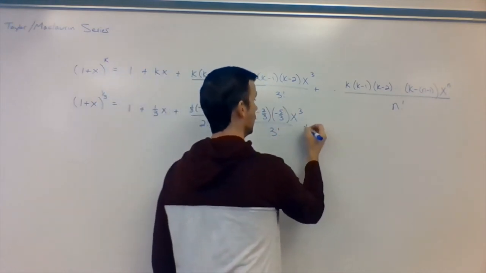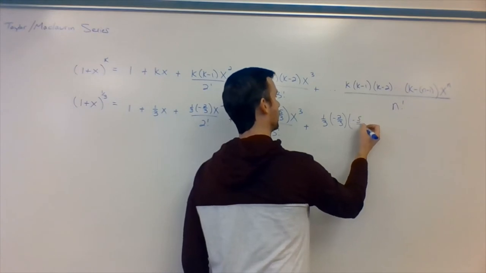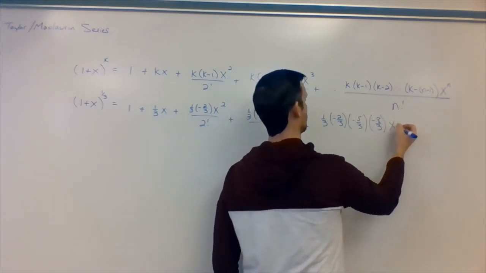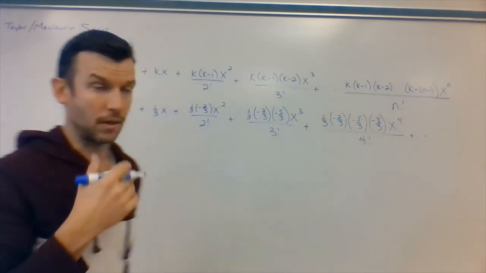Let's do one more. 1/3 times negative 2/3 times negative 5/3 times negative 8/3 x to the fourth over 4 factorial, and it would keep going.